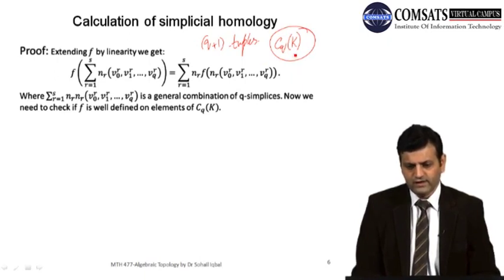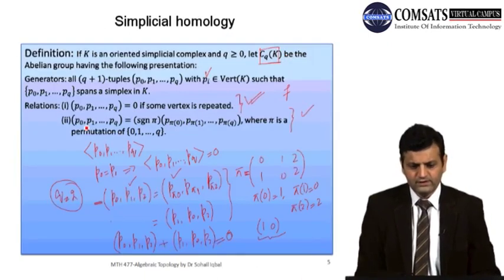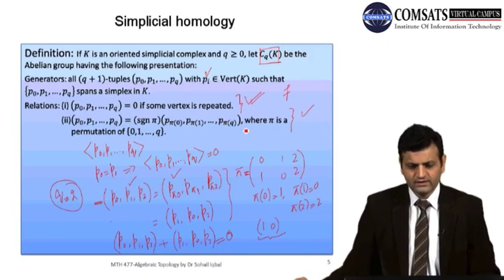If we have an element whose vertices are repeated, which will be 0 in CQK, then F takes that to 0 of G. Similarly, if we have another element, P0, P1, up to PQ, which equals the signature of pi times the permuted element, F also respects this second condition of CQK as well.